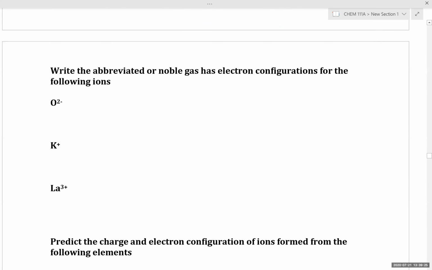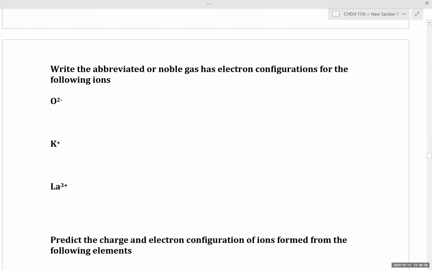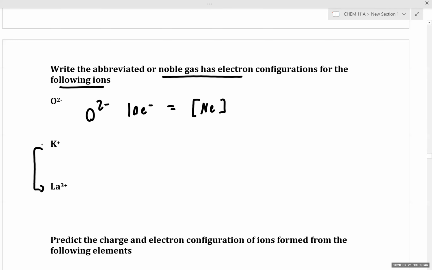Okay, so with that in mind, let's try to write the abbreviated or noble gas electron configuration for the following ions. So I'll start us off. O2-, we have 10 electrons. So that matches the noble gas configuration for neon. Let's take a moment and let's try to write the noble gas configuration for the following elements, and more specifically, the ions of the following elements. And we'll discuss this example in about 3 to 4 minutes.